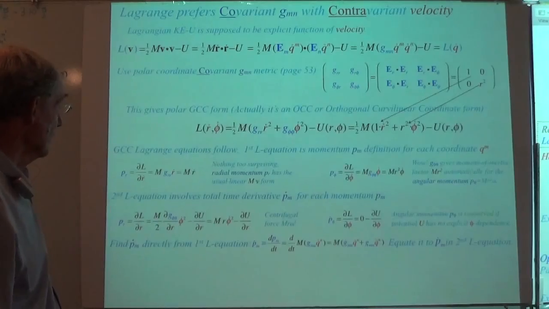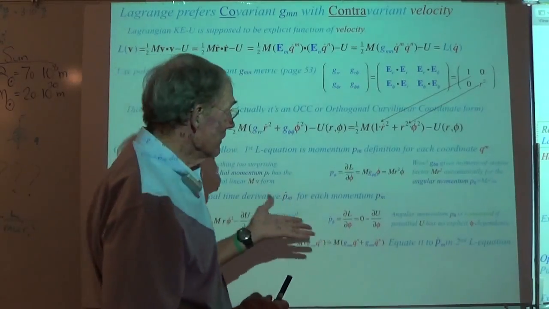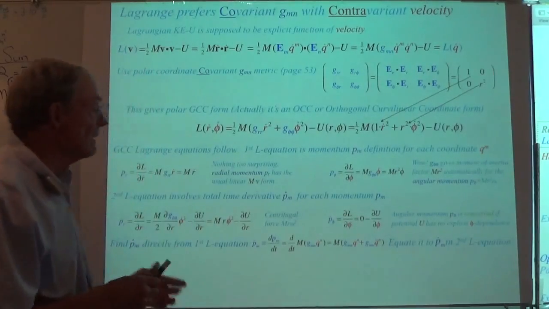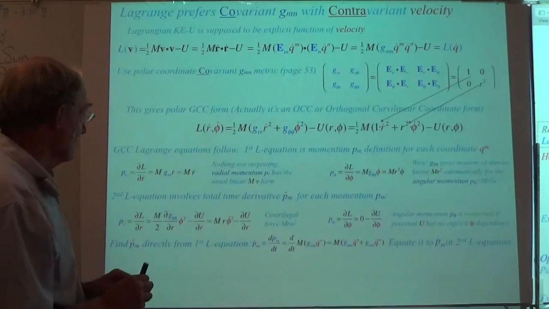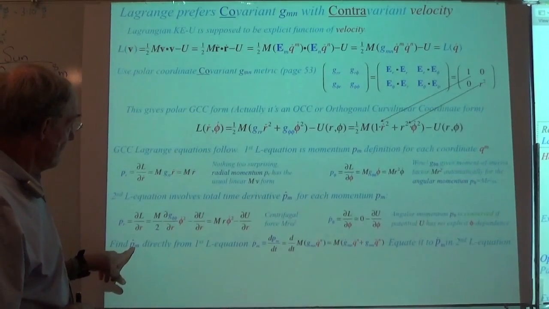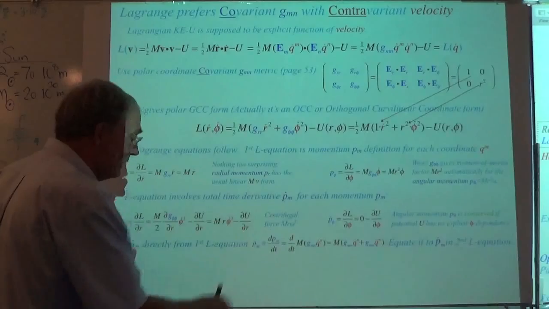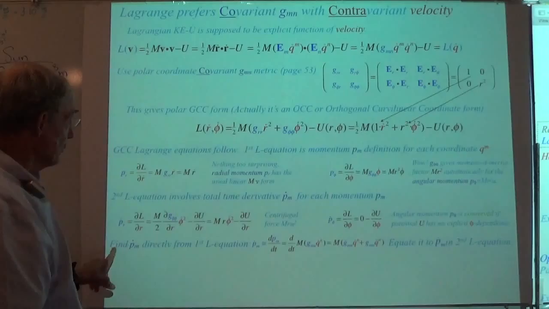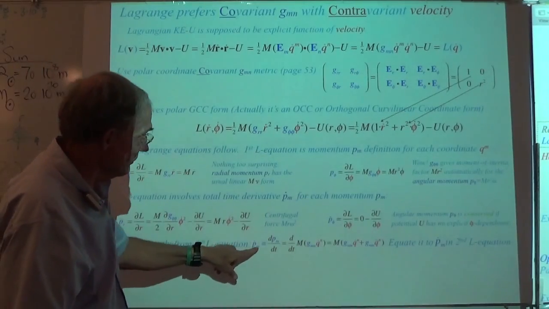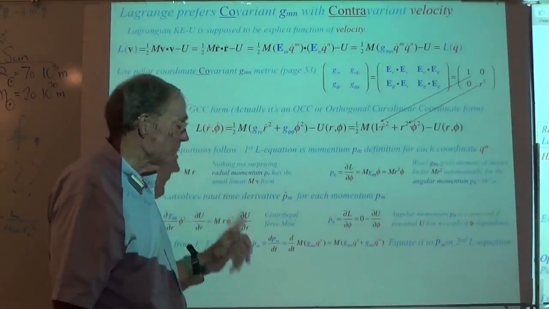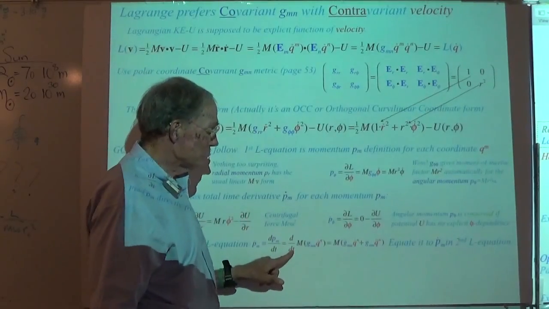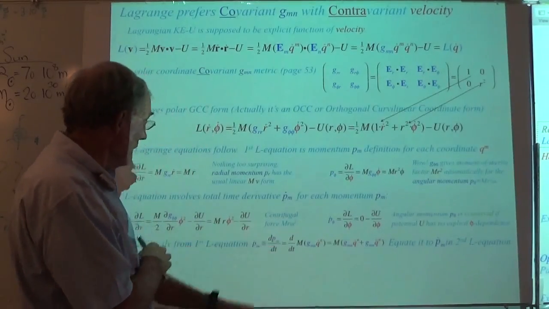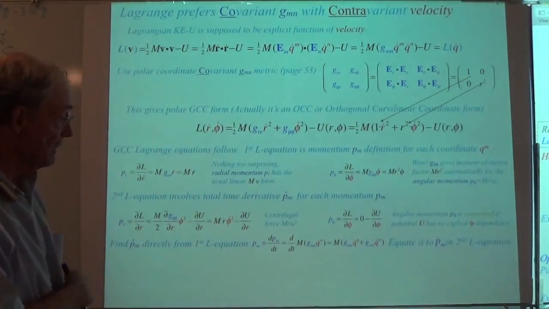Now there's still something to do here. After you've gotten those two equations of motion, you can do something to make a kind of equation of motion that you put on a computer more directly. And that is you find p dot r and p dot phi, if there were a p dot phi. It's not going to be one, so we're going to mostly concentrate on this one, directly from the first L equation. In other words, directly by explicitly doing the derivative with respect to time of that term associated with the r component, the radial component.